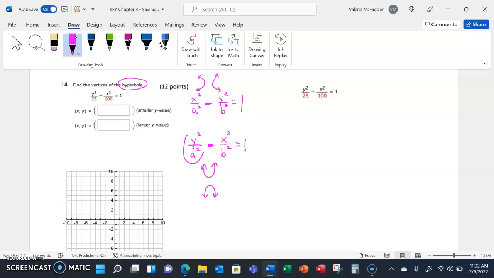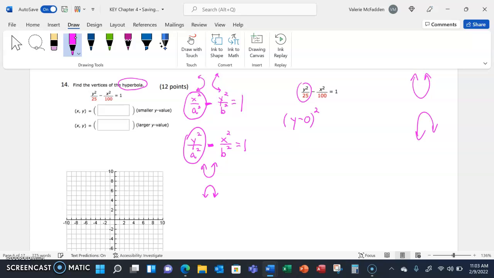So if the y squared comes first, it opens up, down, kind of like on the y-axis. Up, down is the y-axis. Left, right is the x-axis. So if your x's come first, it opens left, right, like your x-axis is left to right. That's how I remember it. So this one, I know that this is going to open on the y-axis up, down, because my y squared comes first. Now the center is again located at HK.